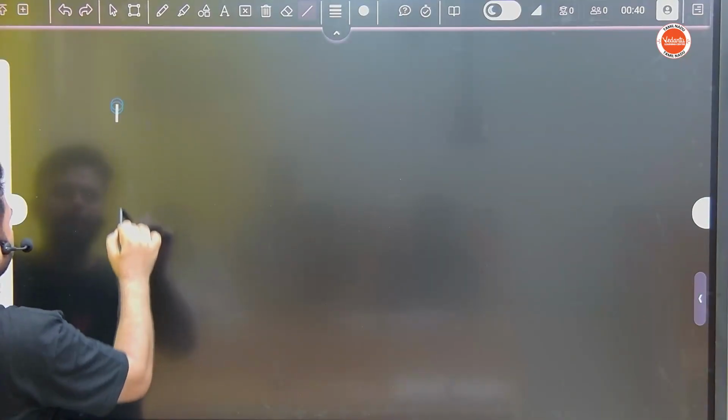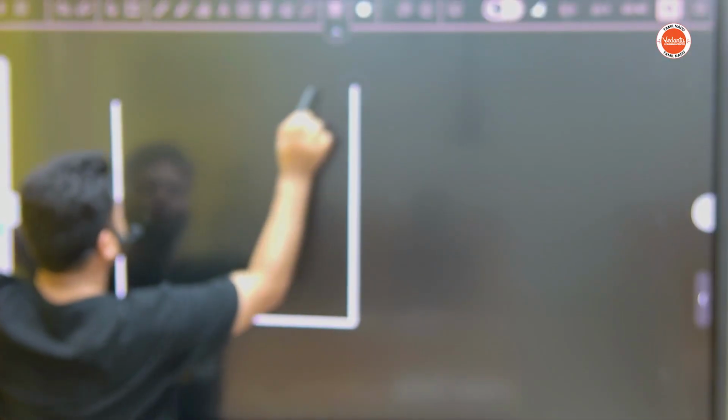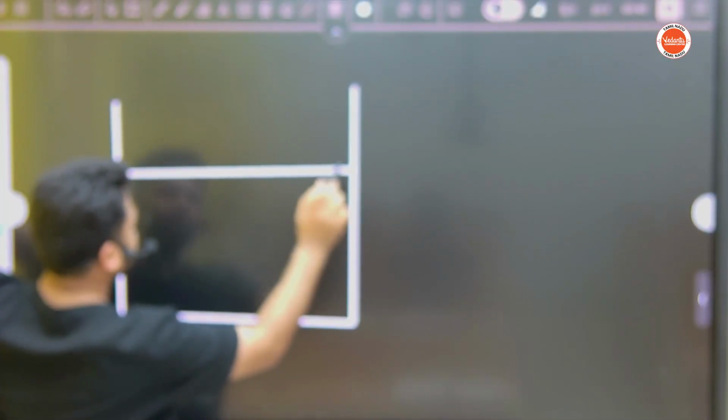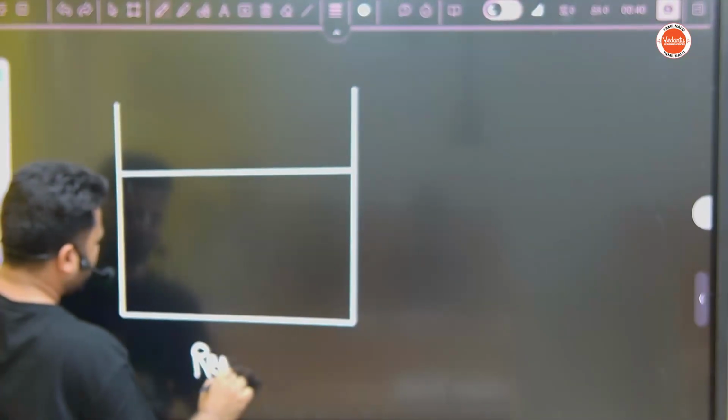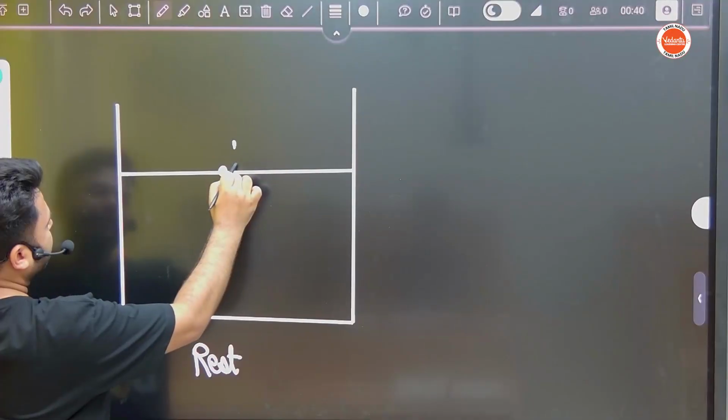See, suppose the container is at rest. This is the surface of the liquid. Its pressure will be P naught.